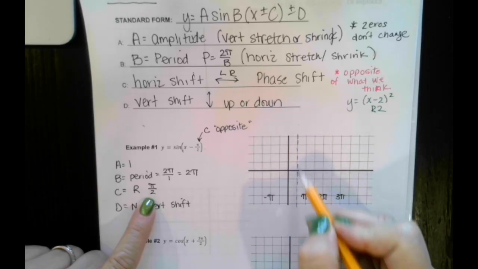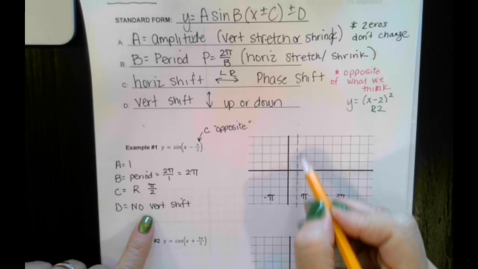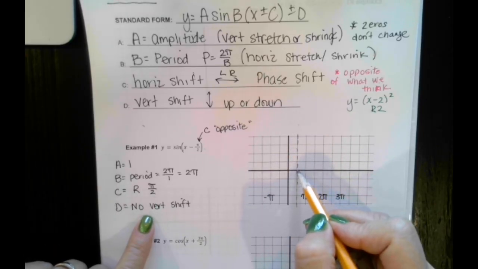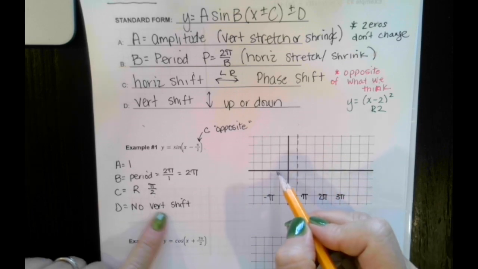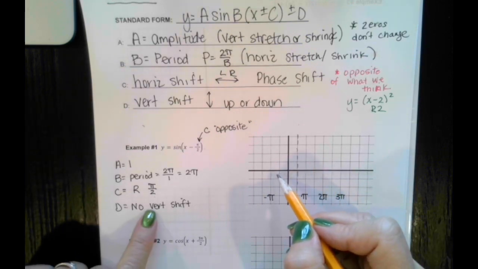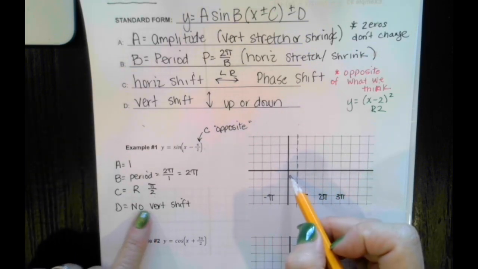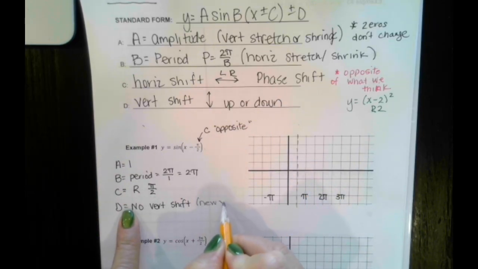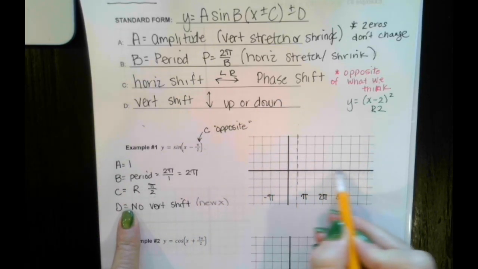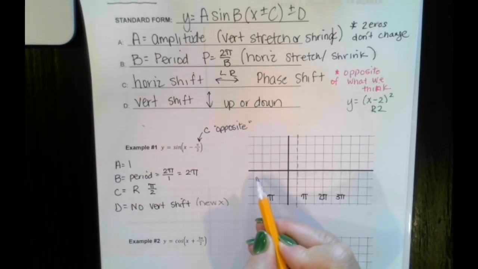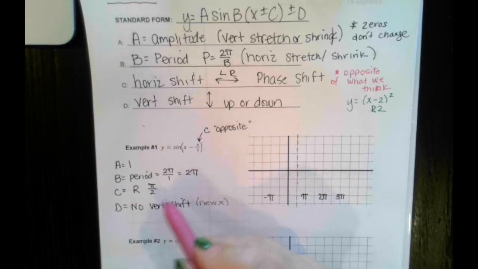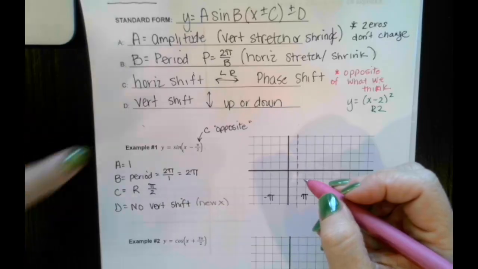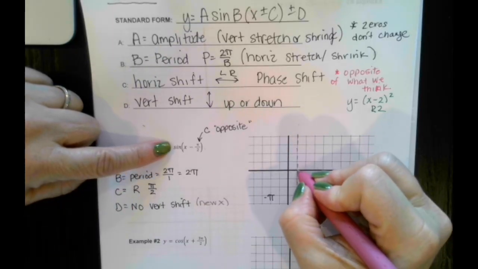So here is where I'm going to start. Here's my axis, and I'm not going up or down, so I'm going to be right on this x-axis. Remember, we said D gives you a new horizontal axis, but I don't have one, so I'm going to keep this as my x-axis.